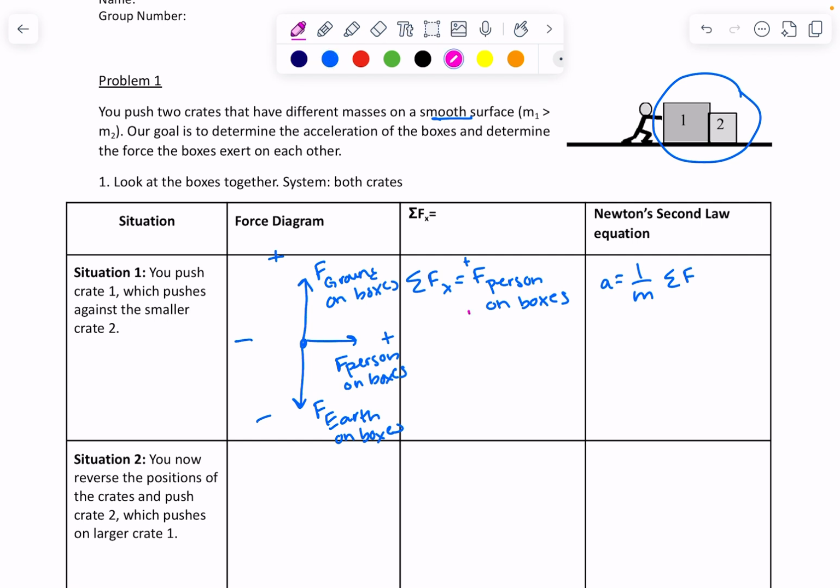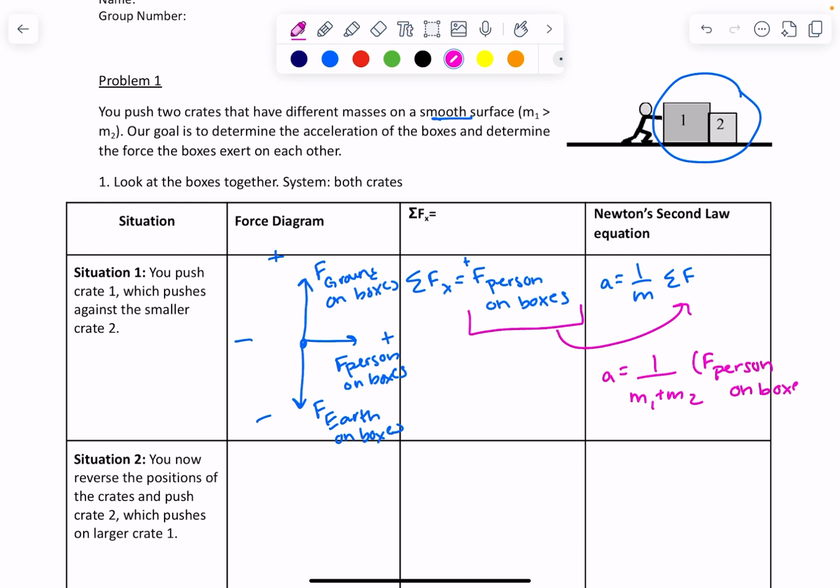And so I'm going to put my sum of the forces in here, and I'll get the acceleration is 1 over the mass times the force of the person on the boxes. But I'm also going to change here that mass is the mass of object 1 and object 2. So I'm going to rewrite this as acceleration is 1 over m1 plus m2 times the force of the person on the boxes.